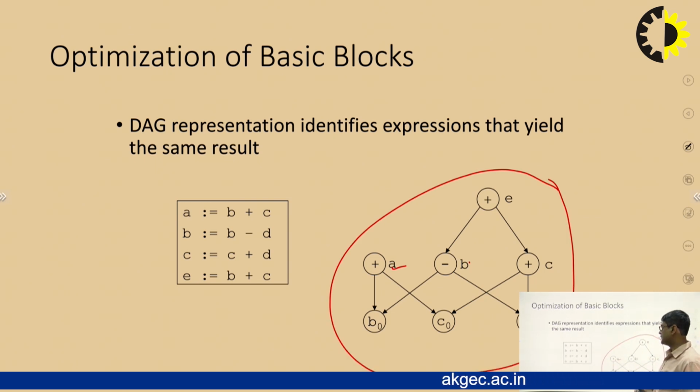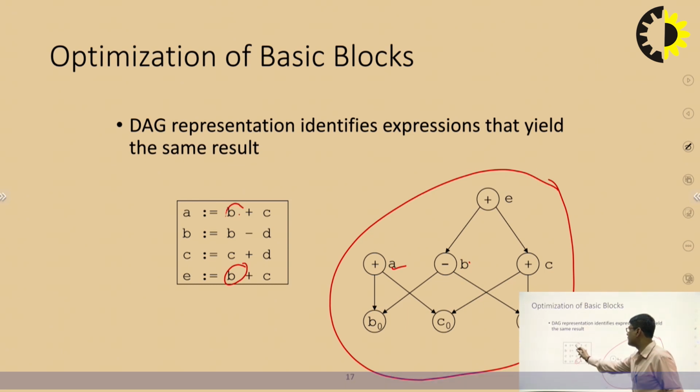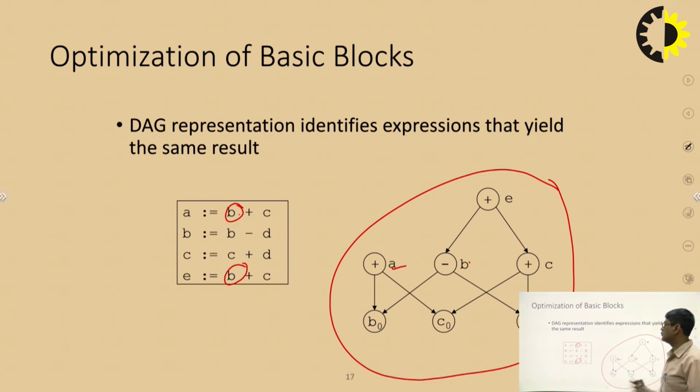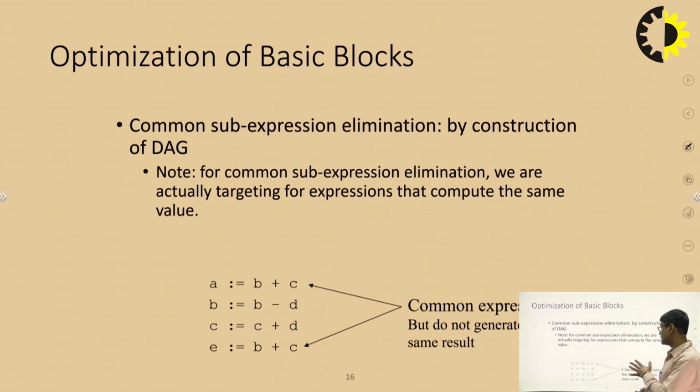Now you will see that A equals B plus C is one component, and E equals B plus C is another component. The value of B used here and the value of B used here are both different. So we cannot eliminate either expression, because both look the same. These are common expressions but do not generate the same result.